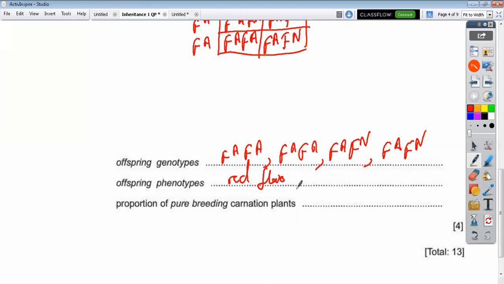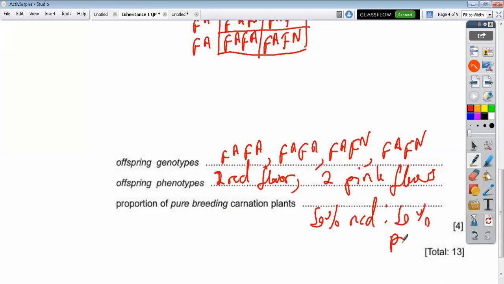What about this here? So we've got one red flower. Is it one or two? Two red flowers. And this is a combination, so two pink flowers. Proportion 50% red, 50% pink. Is that making sense now?